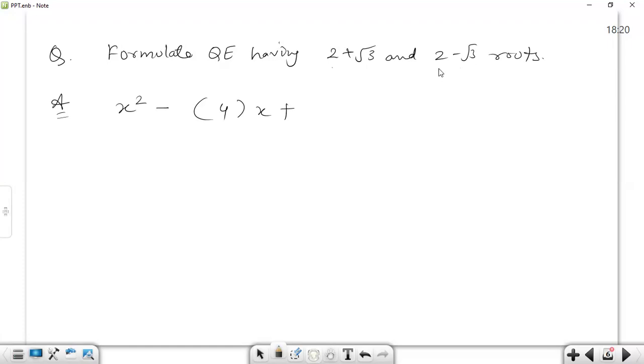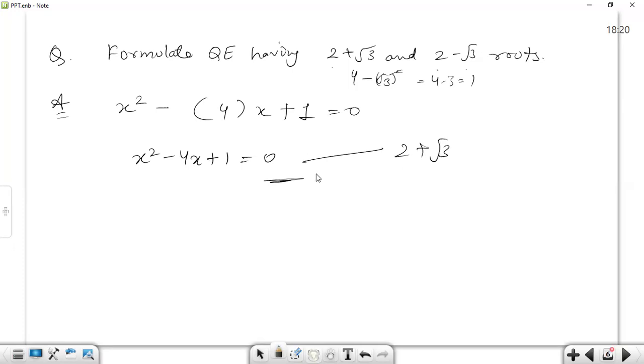So a plus b into a minus b is a square minus b square: 4 minus 3 is 1. X square minus 4x plus 1 equals 0. This is the quadratic equation which has roots 2 plus root 3 and 2 minus root 3. Clear? Yes, sir.